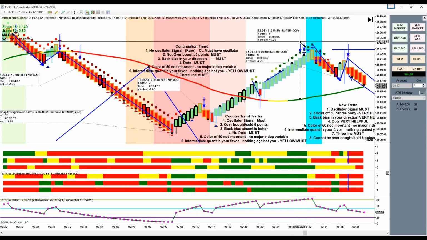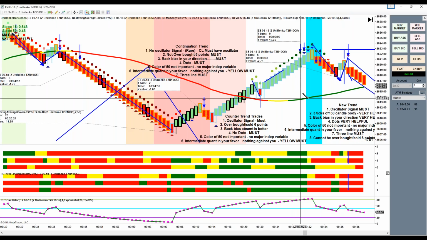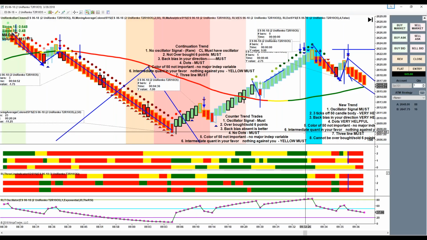When price moves about 7 points above, maybe it's about here. This is 9. So when you're about 7 points above the 50 to the upside or 7 points below the 50 to the downside, you're overbought or oversold.